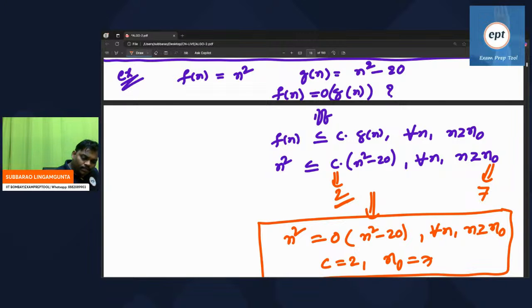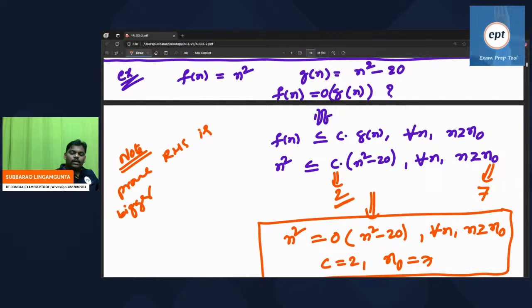So some people are asking, what is big O? Prove that the right hand side is bigger with the help of C. C means constant.